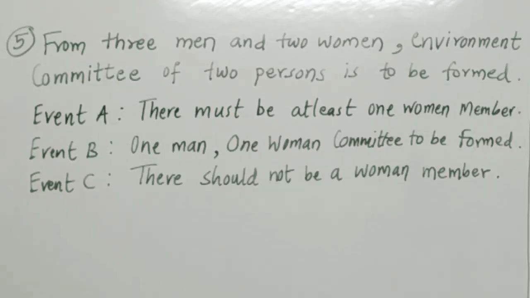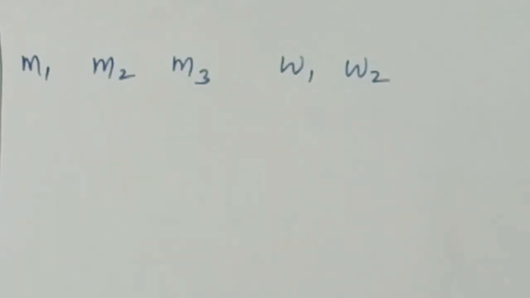Fifth example. From 3 men and 2 women, a committee of 2 persons is to be formed. So let us consider 3 men M1, M2, M3 and 2 women W1 and W2. Here a committee of 2 members is to be formed.